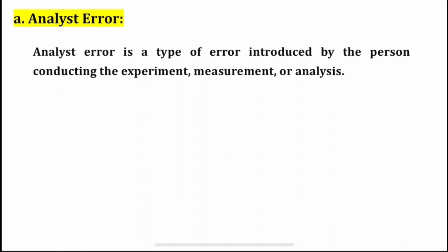Analyst error, often referred to as human or operator error, is a type of error introduced by the person conducting the experiment, measurement or analysis. These errors can stem from various sources and can significantly impact the accuracy and precision of the results.